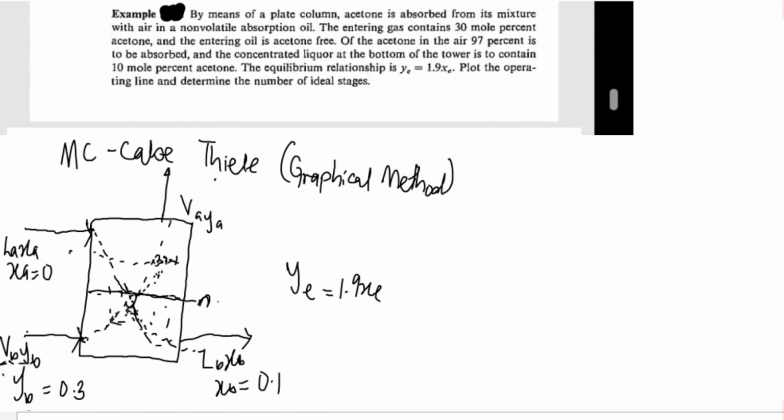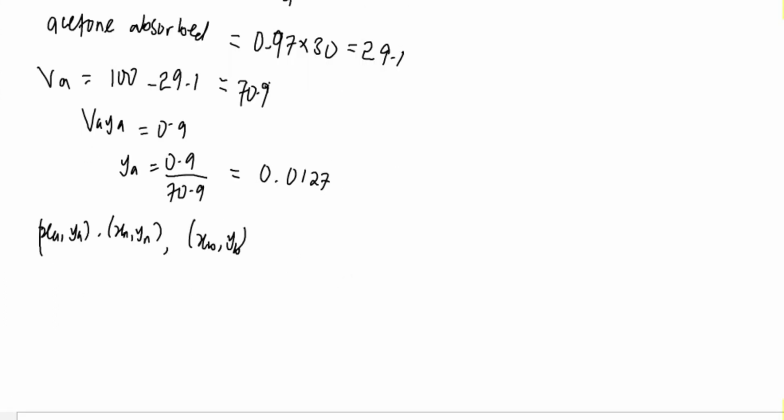Let's say at plate N, 17 mole of acetone have been removed or absorbed. So to account for Xn and Yn, let the acetone reaching plate N be 17 mole%.